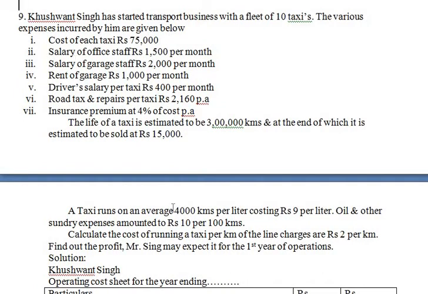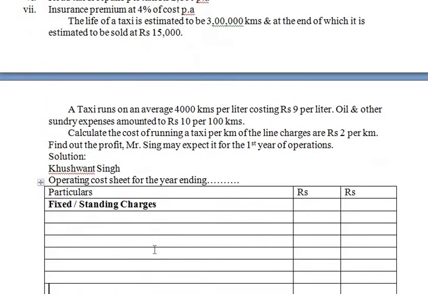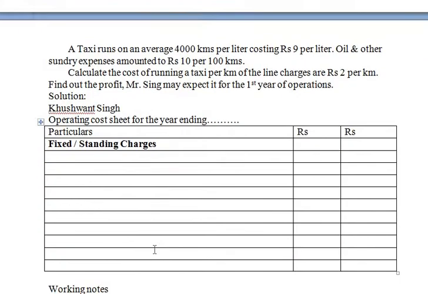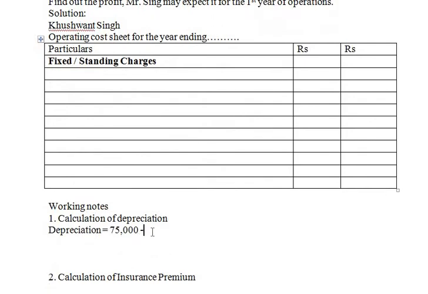Here they have given the life of a taxi is estimated to be 3 lakh kilometers, and at the end of which it is estimated to be sold at rupees 15,000. So it is nothing but scrap value. So minus 15,000. But here they have not given how many years the taxi has been used, but they have given how many kilometers the taxi has run. So it has run for 3 lakh kilometers.